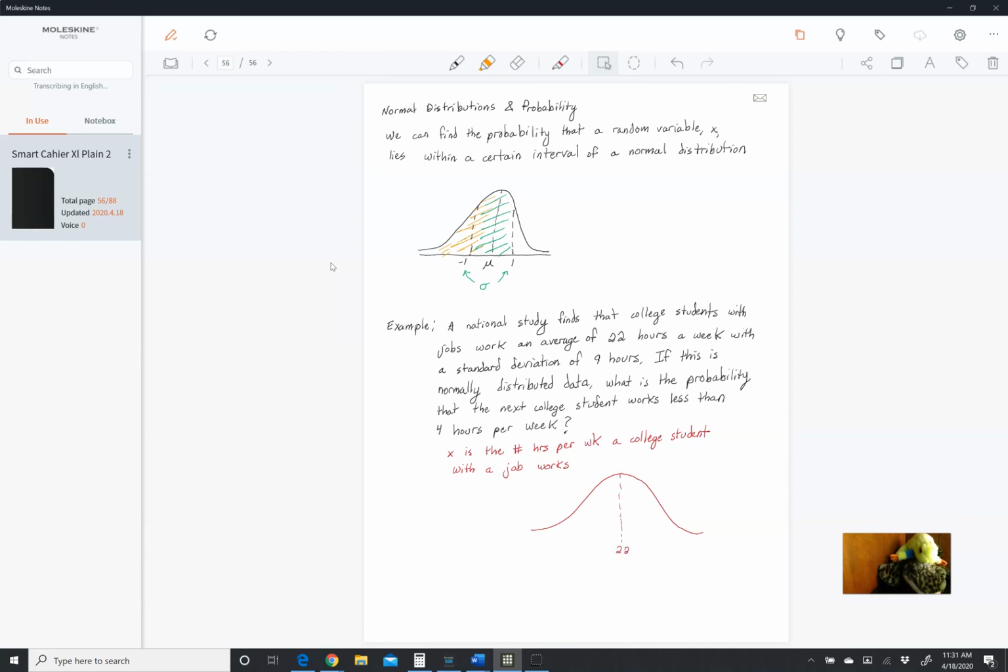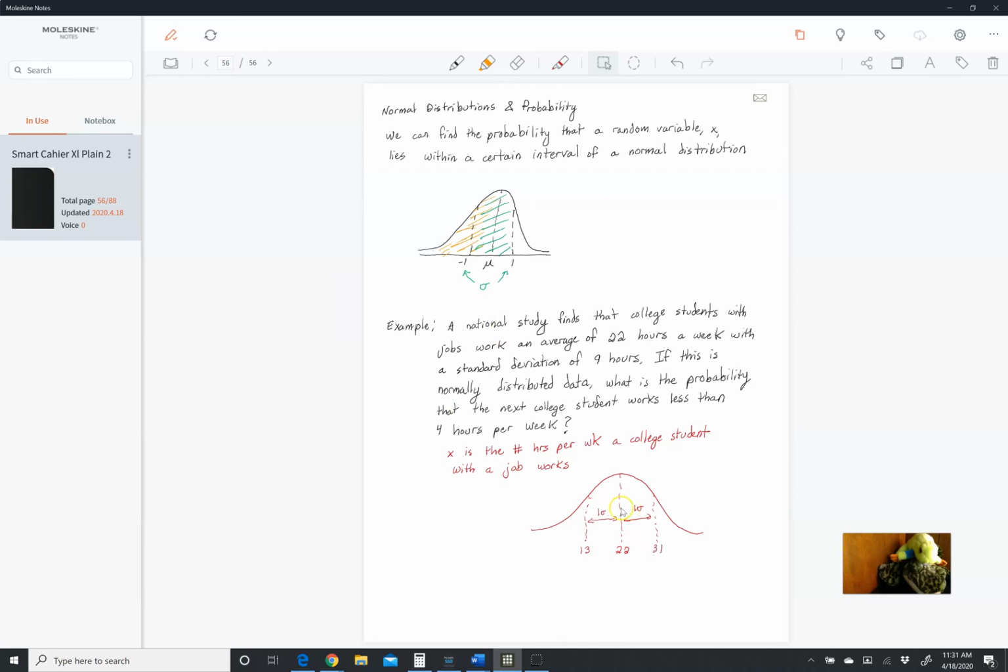We know that the standard deviation is 9. So one standard deviation below and one standard deviation above: this is one standard deviation, this is one standard deviation. So this is 13 and this is 31.